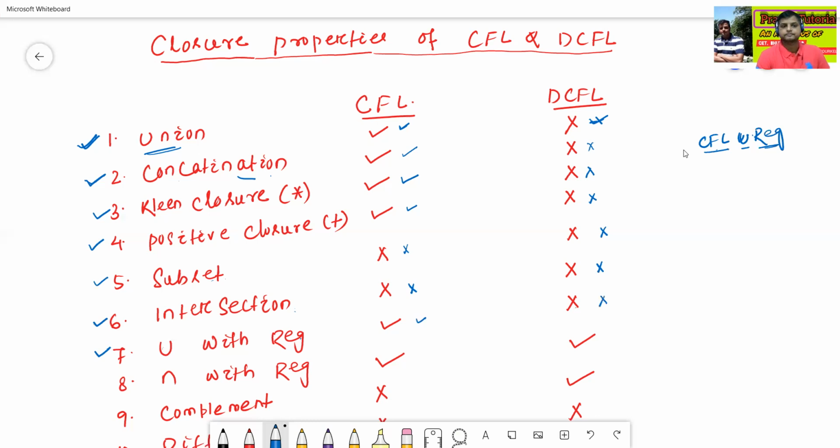Then the eighth operation, intersection with regular, means CFL intersection regular. Intersection with regular is closed under CFL and is also closed under DCFL, deterministic context-free language.